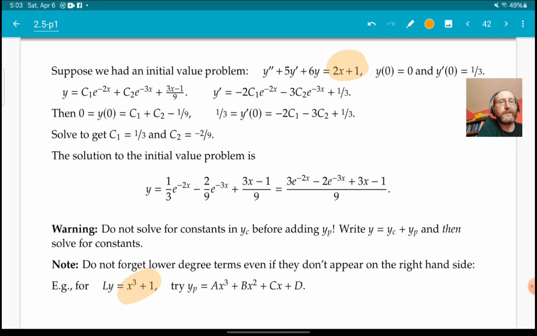That wouldn't work. You have to try the general cubic polynomial. So you'd have to have ax cubed plus bx squared plus cx plus d. So you're going to have 4 constants to solve for, even though this looks kind of simple. But you really need to try this. It might happen that some of these will just end up being 0, but it also might not.